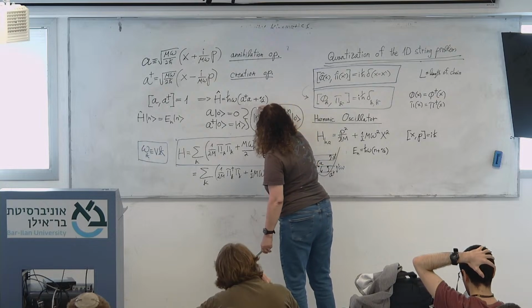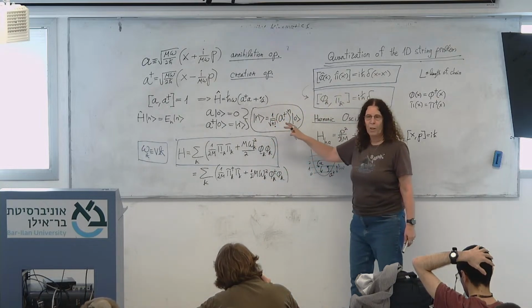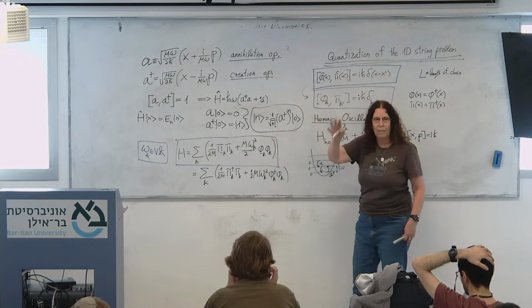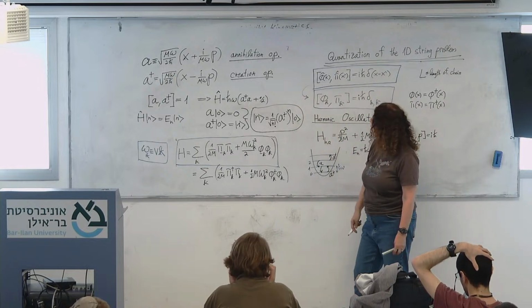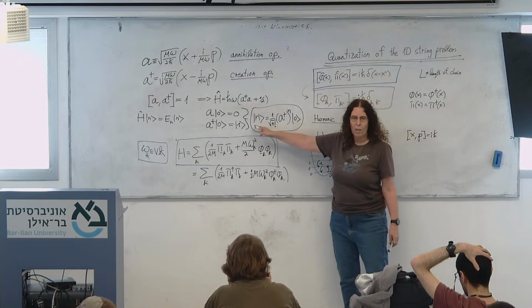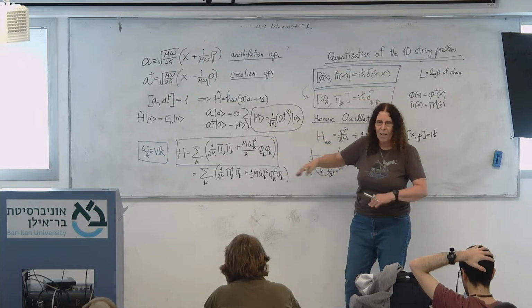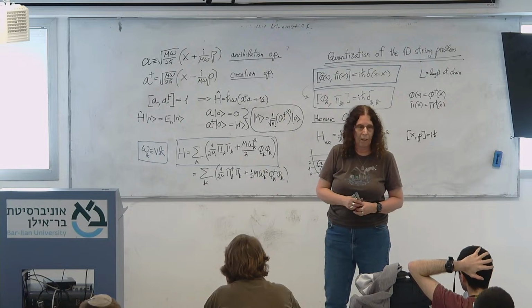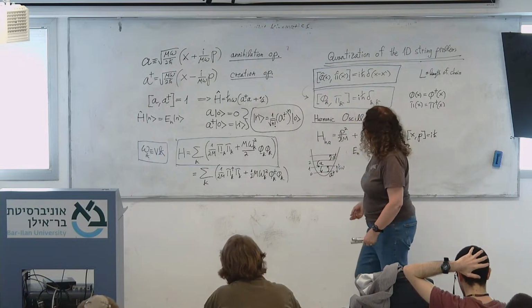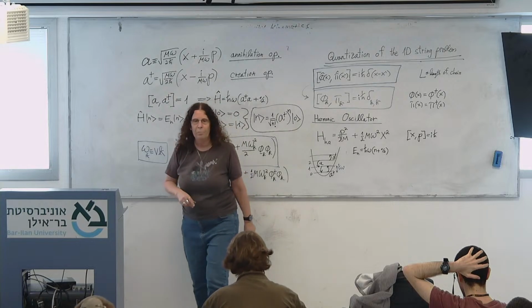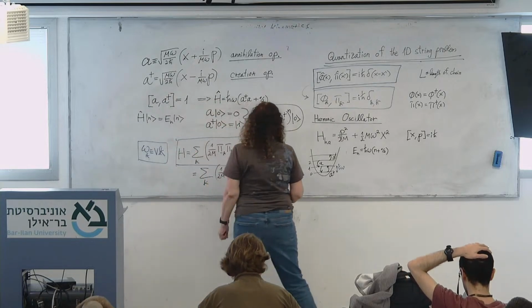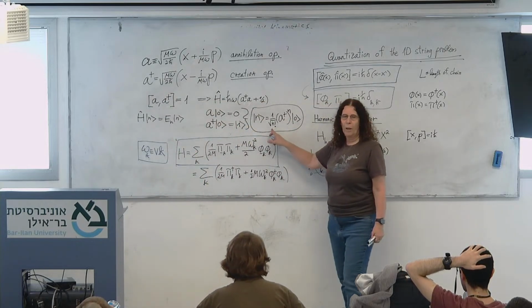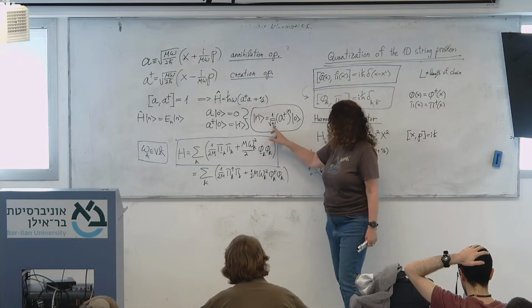So these are all the states of the harmonic oscillator, and to calculate anything to do with a quantum harmonic oscillator, you don't need more than this. You can calculate a matrix element of any physical operator just with A's and A daggers, using their commutators and algebra.